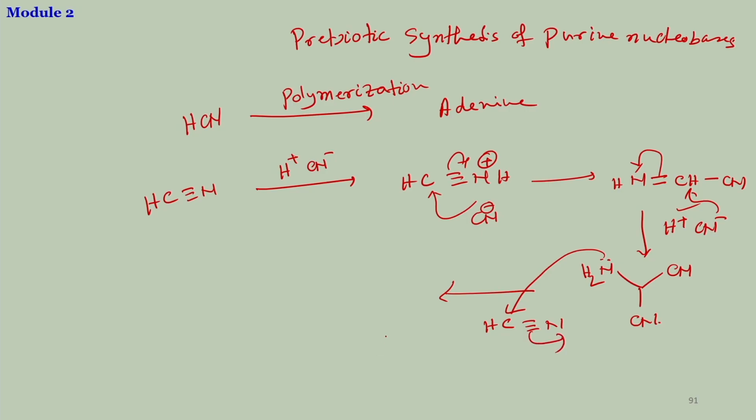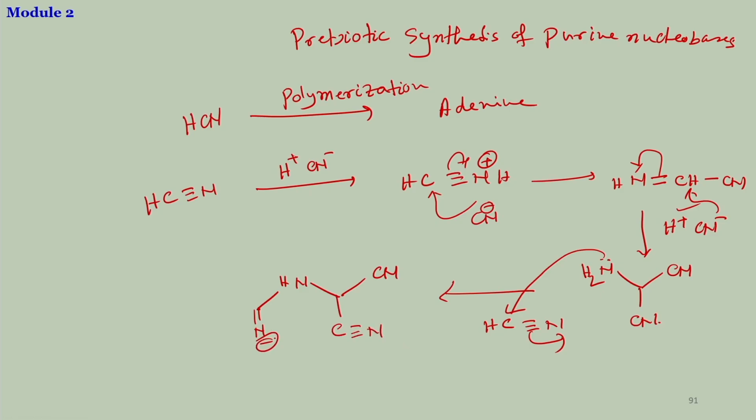So in this case what you will find is the cyanide, this NH, H, this is CH double bond N, N minus, and there is one cyanide here.